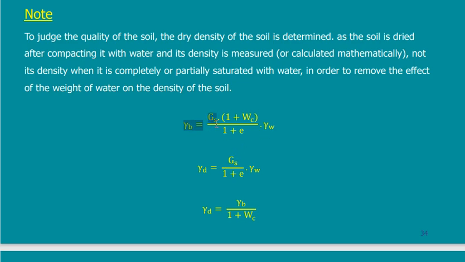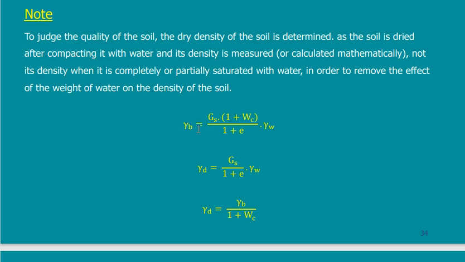There are some equations that we have studied, how to calculate gamma bulk, gamma dry, and so on from different parameters. These are the equations that we use for calculating this.